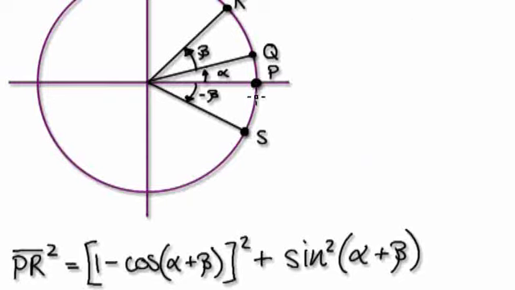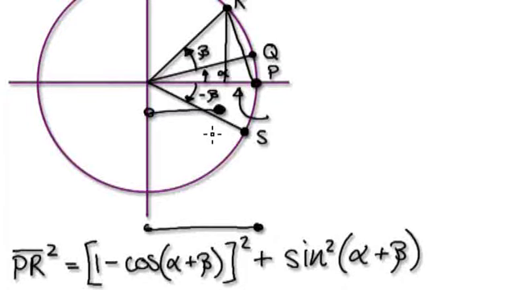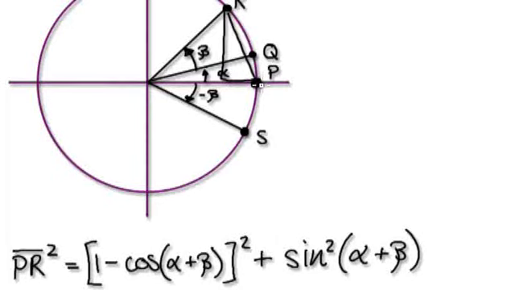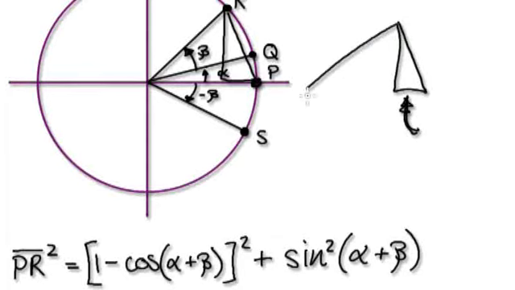So if we ultimately want to know this length, we've got to get this length here, which is 1, take away this length here, which is cos alpha plus beta. In order to find out this length, we consider this triangle, which has an angle of alpha plus beta.